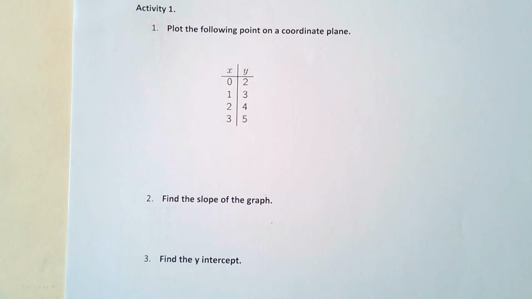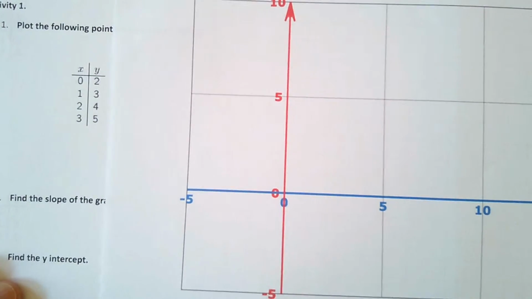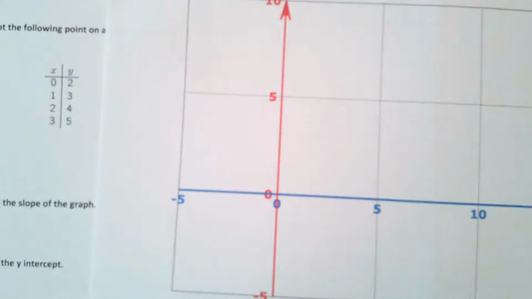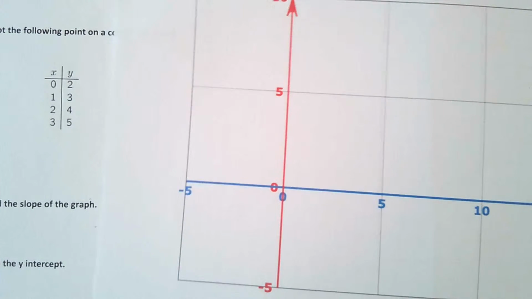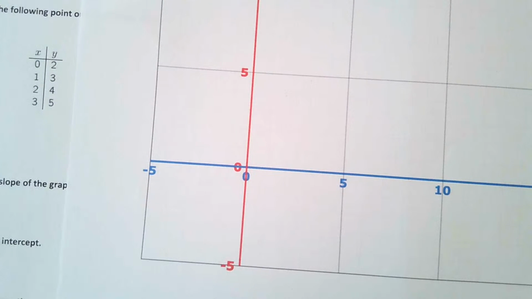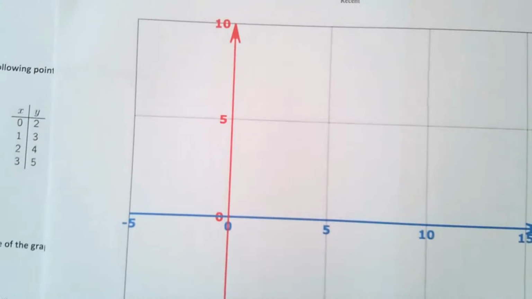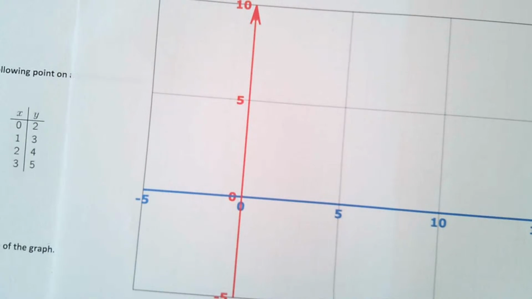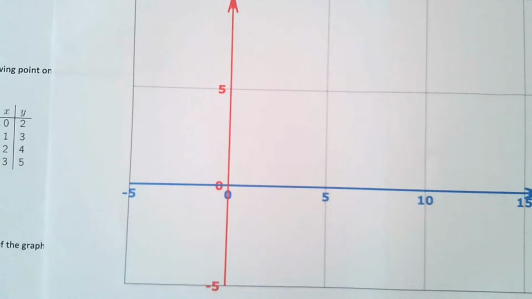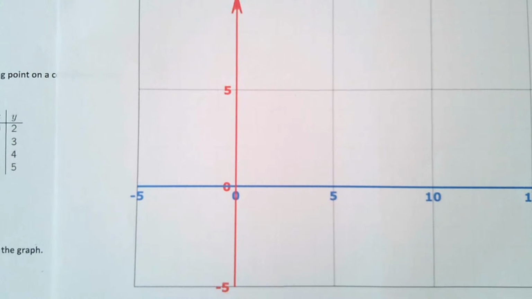Here's my coordinate plane, and I'm going to create a scatter plot. We can use our calculator, but I'm just going to show you how to do it without a calculator at this point, so you're not wondering how it came about.